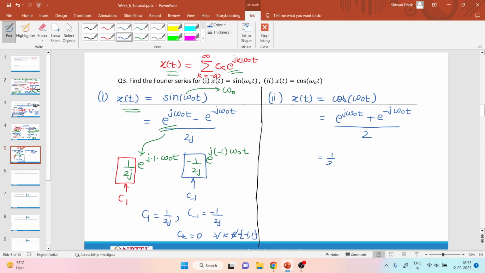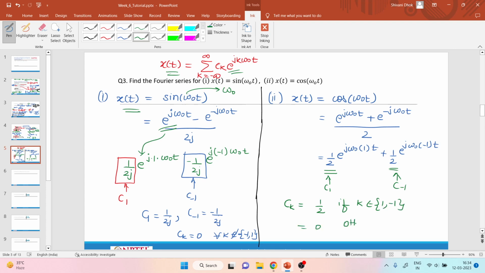This is equal to 1 by 2 into e power j omega naught 1 t plus 1 by 2 into e power j omega naught minus 1 into t. So in the same way, if I compare it with this equation, this 1 by 2 is my c1 and this 1 by 2 is my c of minus 1. So I can write ck is equal to 1 by 2 if k is 1 or minus 1, and it is equal to 0 otherwise. Any doubts in this question?